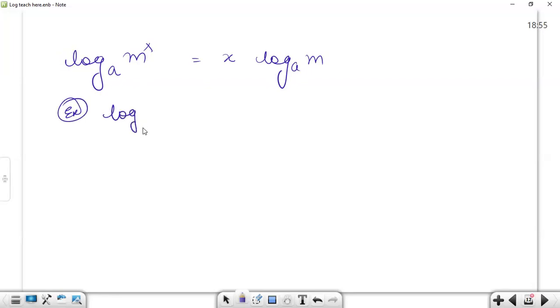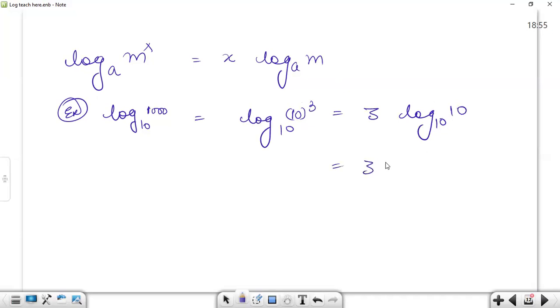Logarithm of, let's say, 1000 to the base 10. How will we solve it? 1000 can be written as 10 raised to power 3. So now 3 can be rewritten in front, logarithm of 10 to the base 10. Now what is this? This is 1. Why?